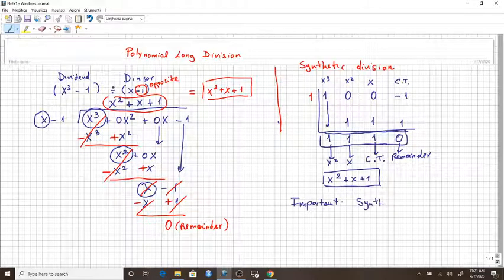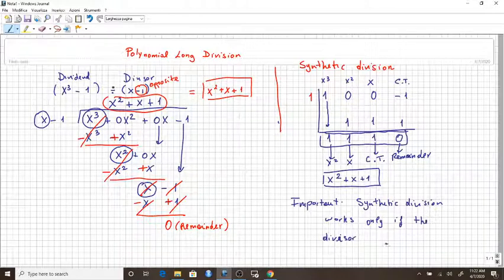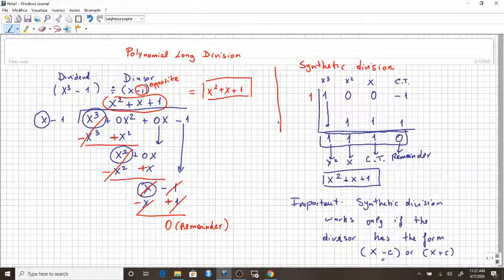Synthetic division works only if the divisor has the form of an x minus c or x plus c, where c is a real number. Okay, x minus something, x plus something, okay? Then, like in this case, we have x minus 1, so great, it works.